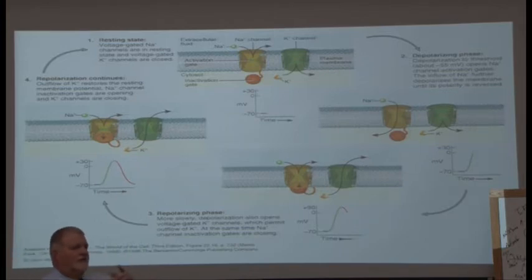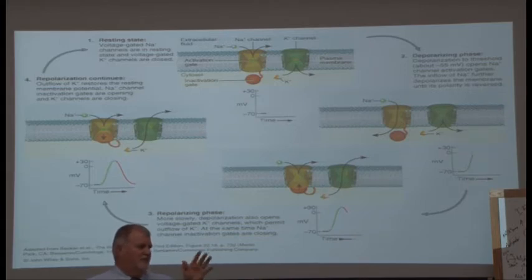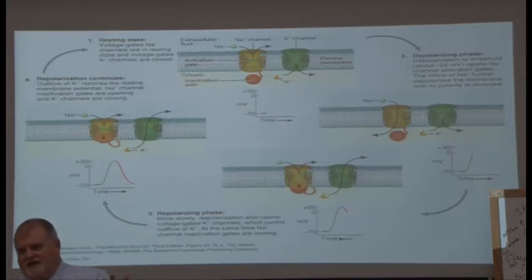And when we get to EKGs, where we're going to look at this same event in cardiac muscle, a flat line on an EKG also means there's no change in membrane potential. So if you had a heart attack and they put an EKG on you to see what's going on, and all they're getting is a flat line, you would be pronounced dead because you have no change in membrane potential going on in your heart.